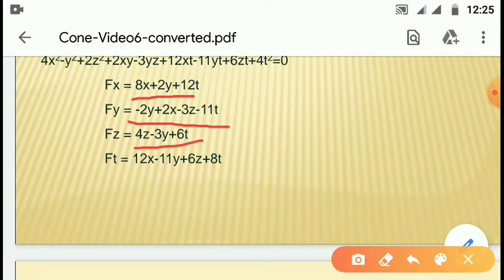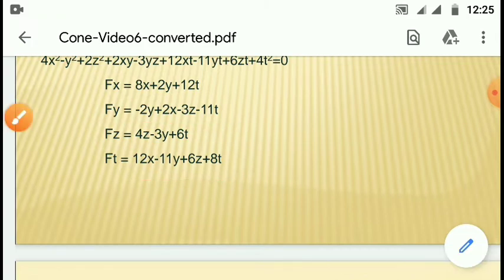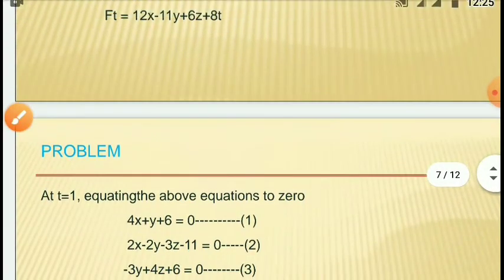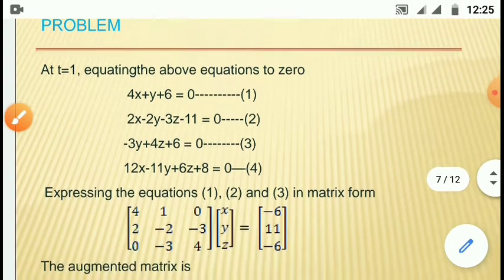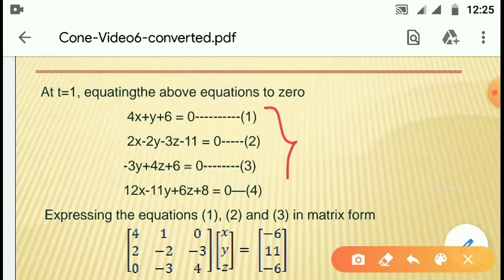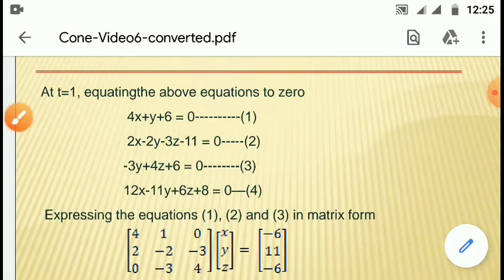And here we get 4z minus 3y plus 6 is equal to 0. And here we get 12x minus 11y plus 6z plus 8 is equal to 0. So, by taking t equal to 1 and equating all the above to 0, we get these four equations. So to prove the given equation represents a cone, what do we have to do?